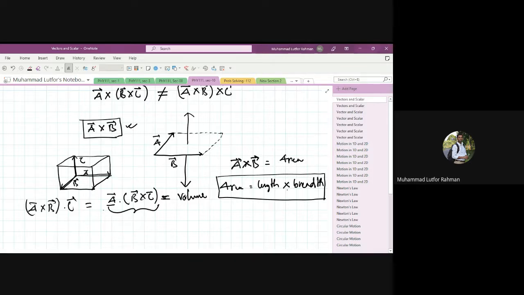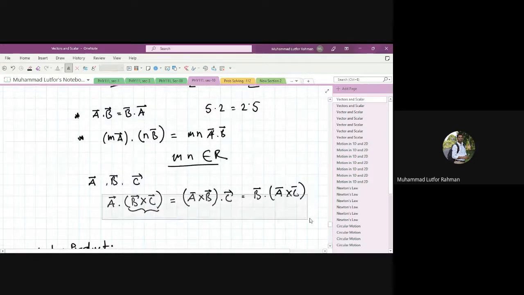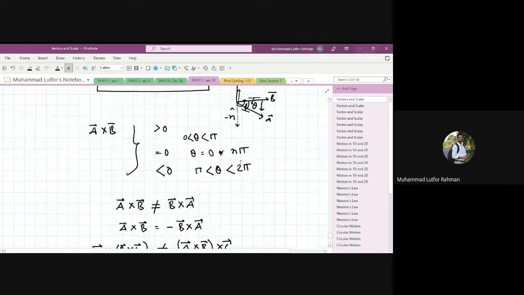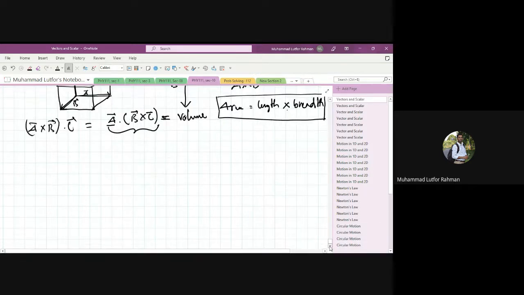So that's why I write that in the case of the dot product, these three combinations will be the same. They represent basically the volume of something if you represent it by those three vectors. That's actually the physical significance of the dot and the cross product. You should know this, because when you are doing something, you should know what it is actually indicating.